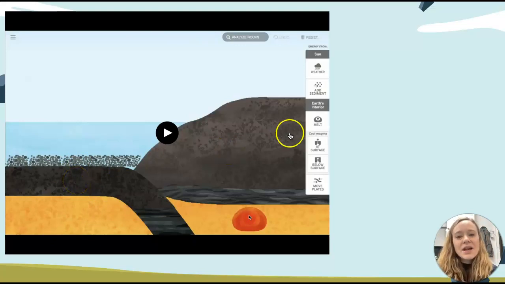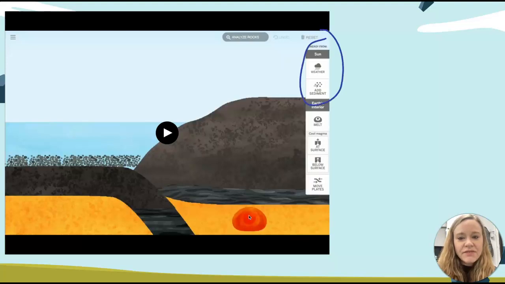If we look at our simulation, we can look at where we get our energy from. We get our energy from the sun. We also get energy from Earth's interior, and the process that happens in there is weathering, and the processes that happen in here are cooling, melting.